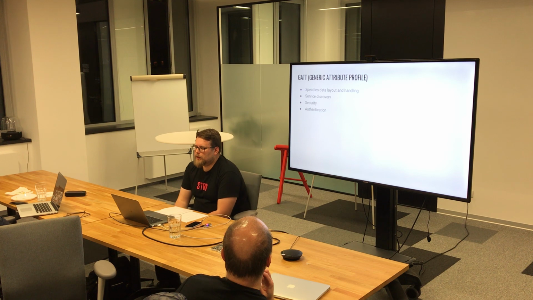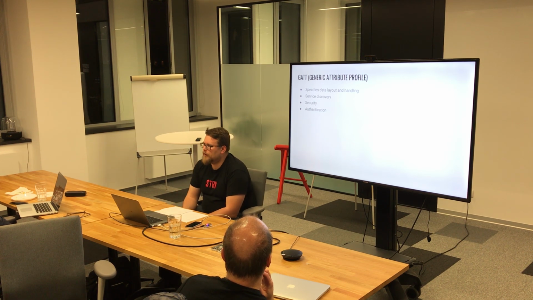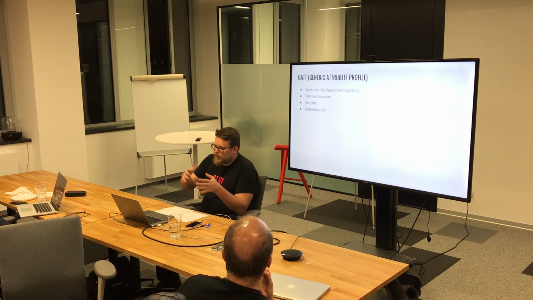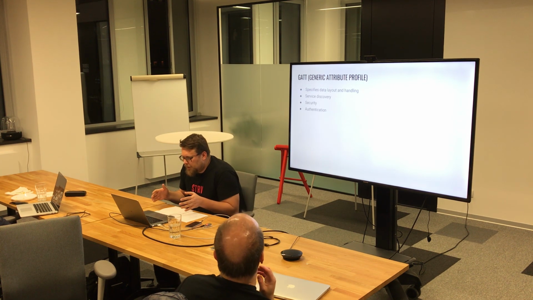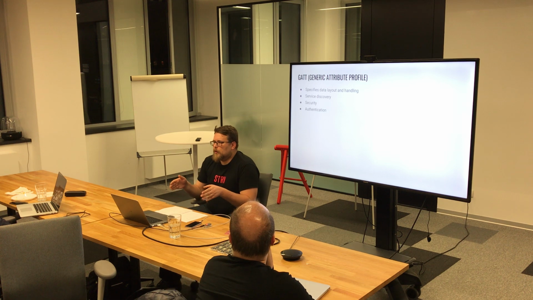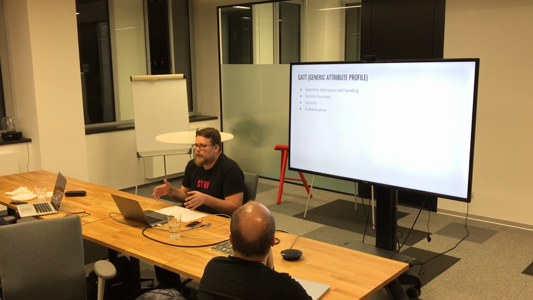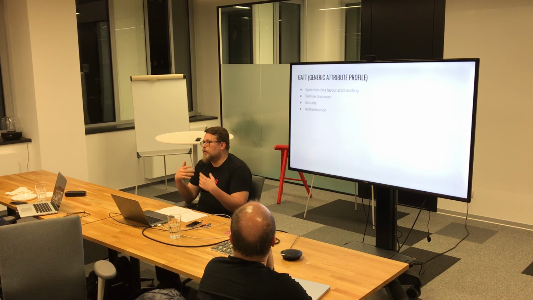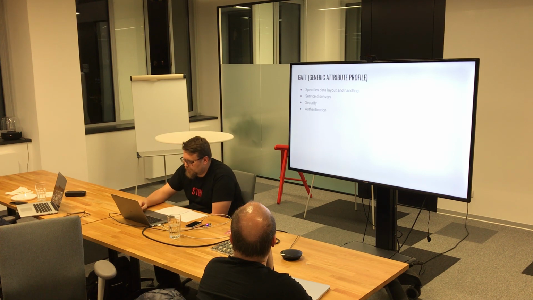So this protocol handles service discovery so that you can get to know what the device actually can do. It handles security, so no one can listen to your conversation, and it handles authentication, so only you can connect to the device.